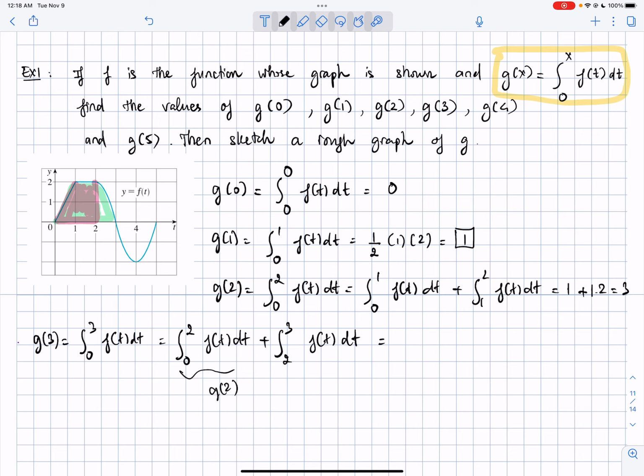So we got 3. Approximately this part is about 1.3, and we get the answer 4.3.